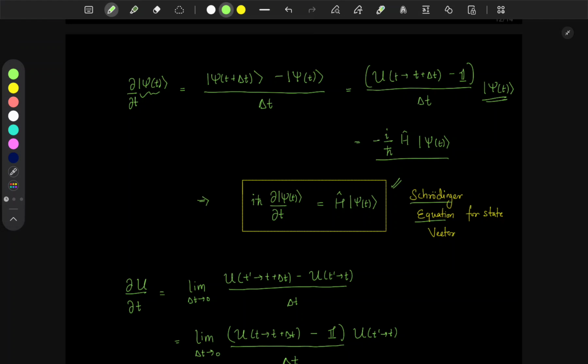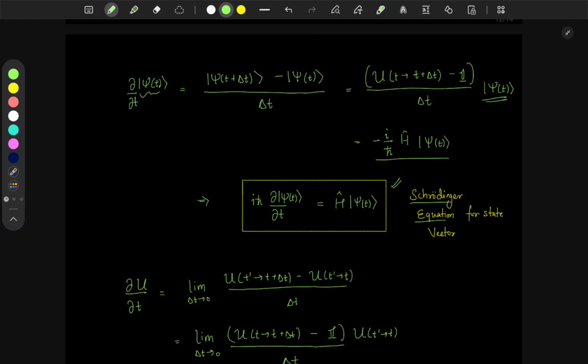Some of you who have seen the Schrodinger equation before might be thinking, this doesn't look like the Schrodinger equation I have seen. For them, I will just say, wait for a while. This is the Schrodinger equation, but it takes the form you have seen after some operation. What I am telling you is the formalism of quantum mechanics.